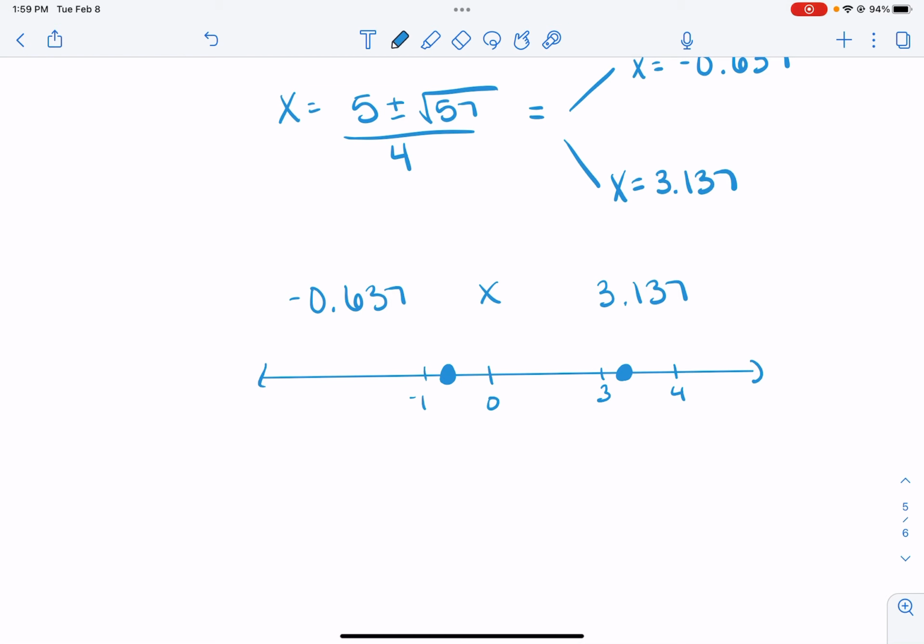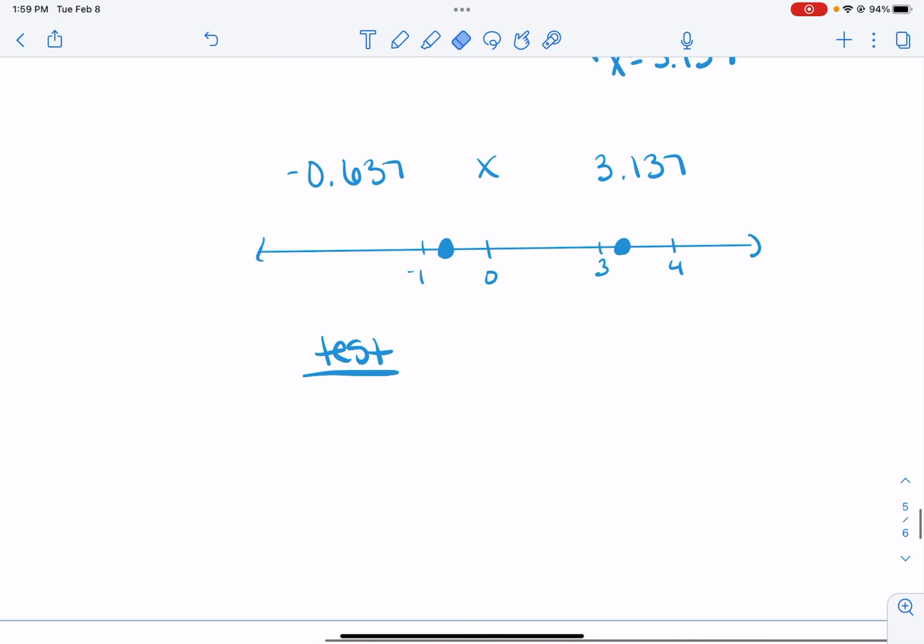Okay, we want to know where to shade, so we're going to pick 2 points to test. Okay, so we've got to do our test. Let's pick x equals -1 and x equals 4.